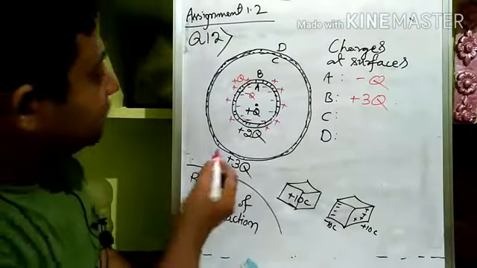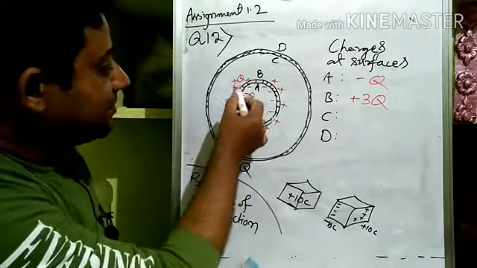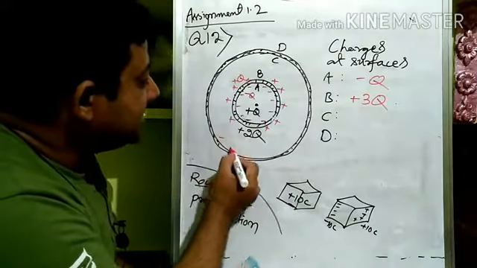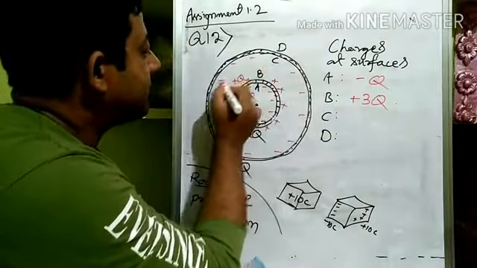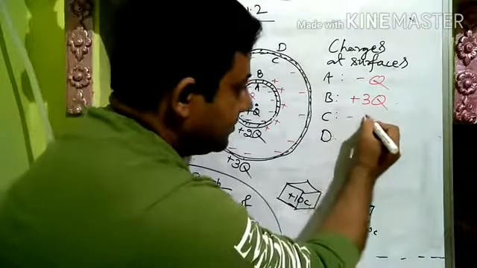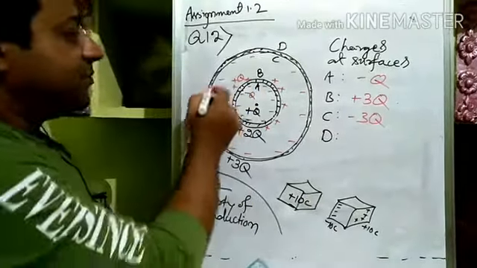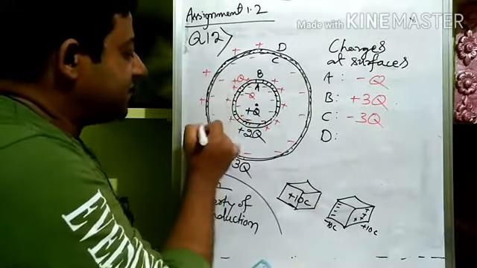And on C, what will happen? On C, that is the inner surface of the bigger cell, plus 3Q is there on the cell inside. So by induction here, minus 3Q will be developed on C, yes or no? And because of this induction property, plus 3Q will be developed outside, yes or no?